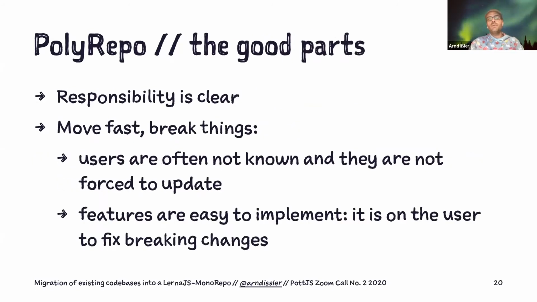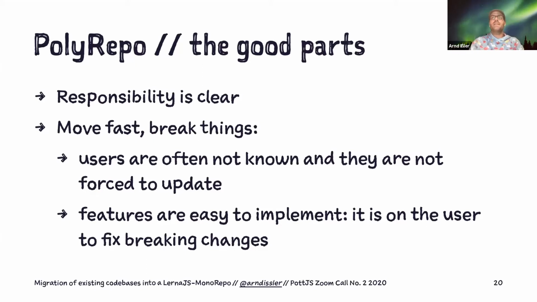So polyrepo, the good parts. The responsibility is mostly clear, and you have all the freedom on your own code base. Move fast, break things. Often you don't know your users. You publish it on npm or maybe a company-internal registry, and users are not forced to update.